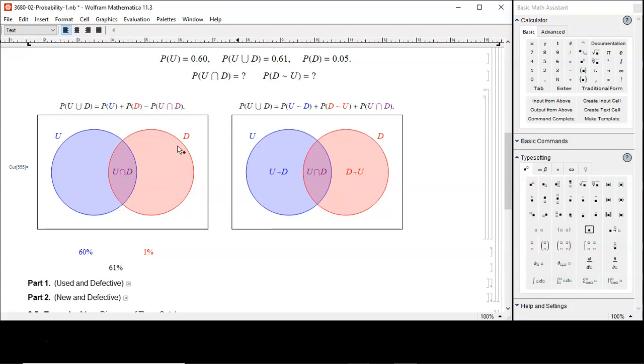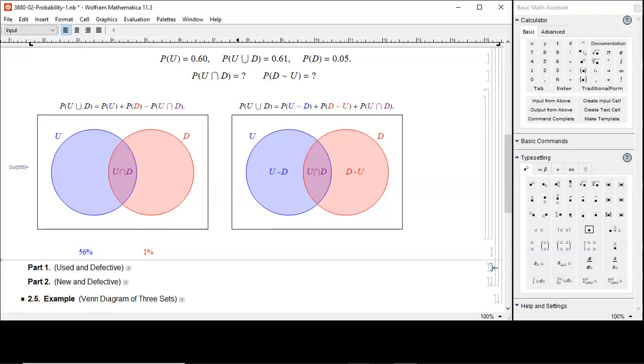And 61 minus 5, so this one here is going to be 56%. So that's a start. So blue crescent part, this one here, 56%, red crescent part 1%, and total is adding up to 61%.